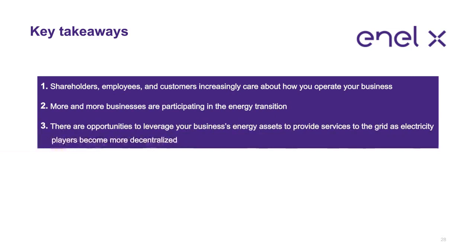Third, there are new opportunities to leverage your business's energy assets to provide services to the grid. The grid is becoming more decentralized, and many assets have some form of flexibility in them that can be taken advantage of and used to either reduce costs or earn revenues.